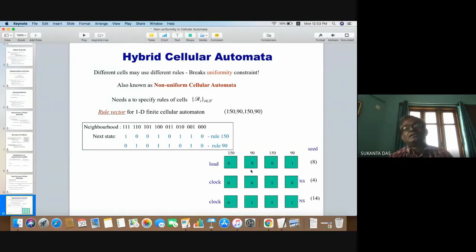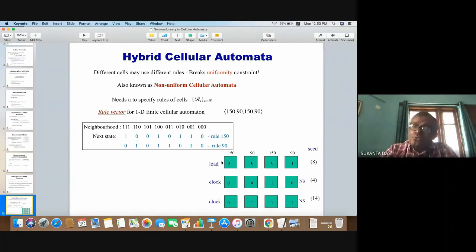In this way, I can get the configurations. This is for the null boundary condition. As I've said, for the periodic boundary condition the configurations will be different. In hybrid cellular automata, the uniformity constraint is disobeyed, so different cells may follow different rules.